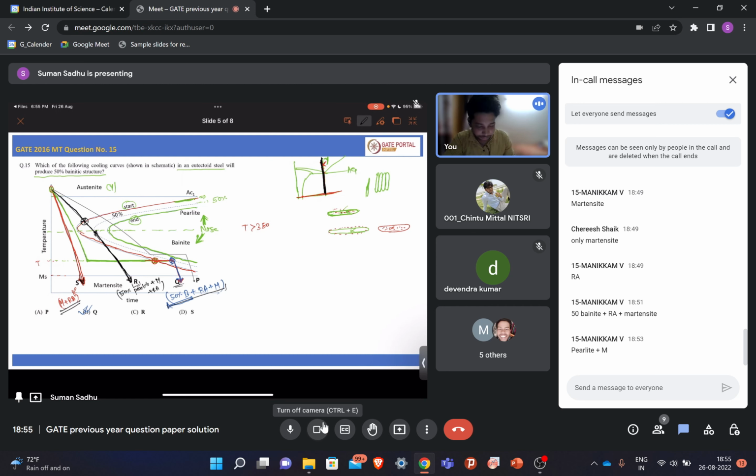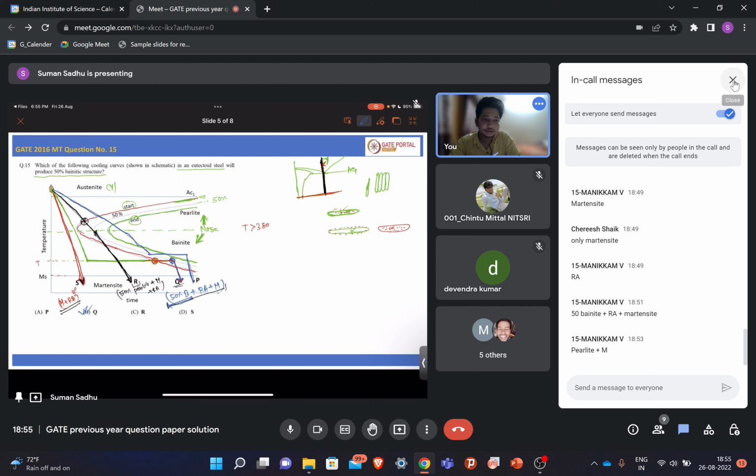And what we will get, if we follow the P cooling curve, anyone?